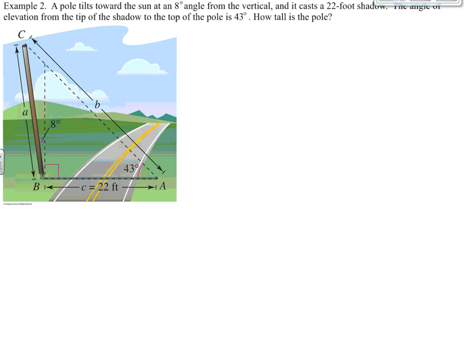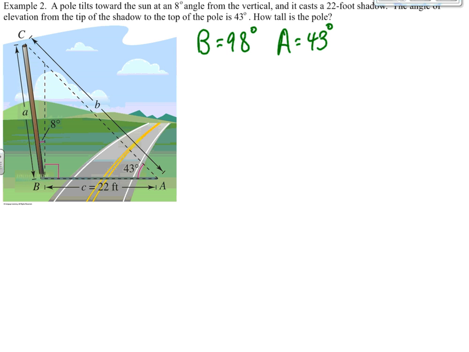So this is our situation for this one, and here we have that angle B is then 98 degrees. I'm going to write that down. Capital B is 98 degrees. Capital A is 43 degrees.